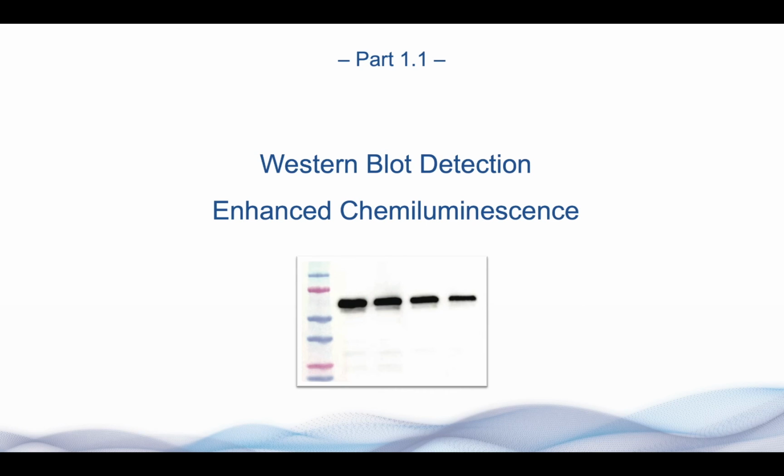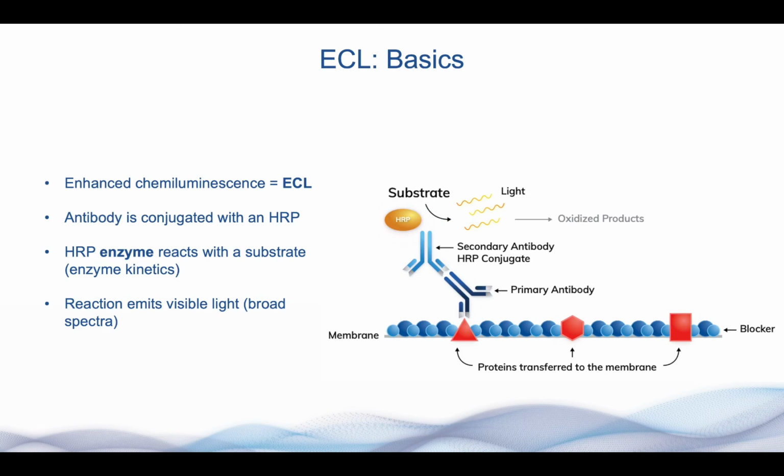ECL stands for enhanced chemiluminescence. As the term implies, it's a light. It's a chemical enzymatic reaction to produce a luminescence, which is a light. The usual enzyme used in this reaction is HRP, horseradish peroxidase.